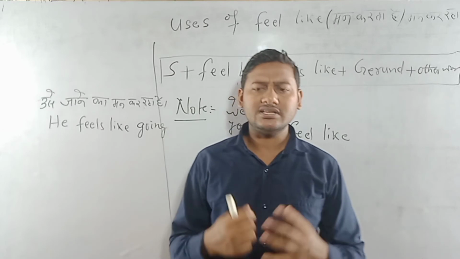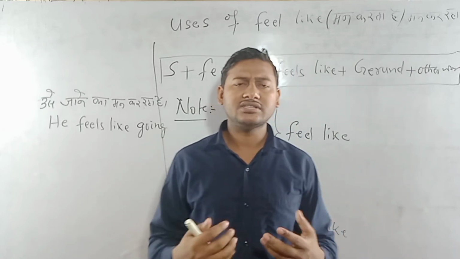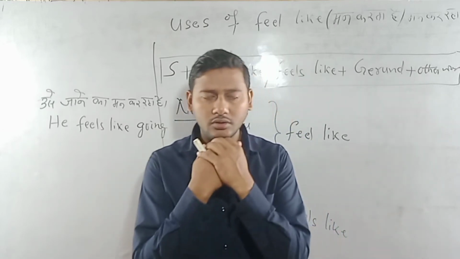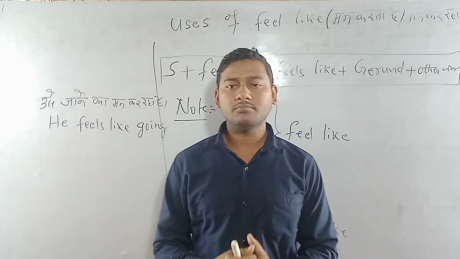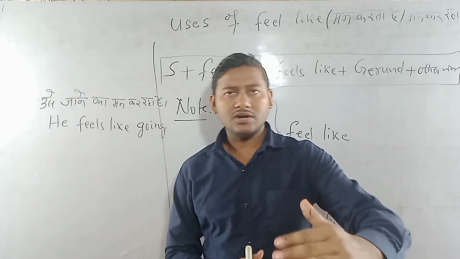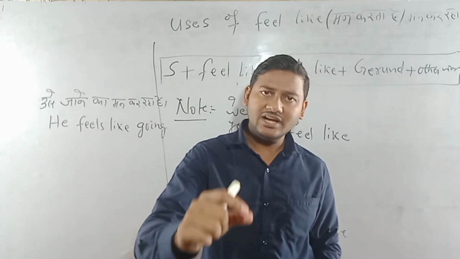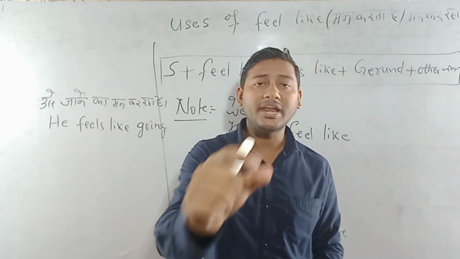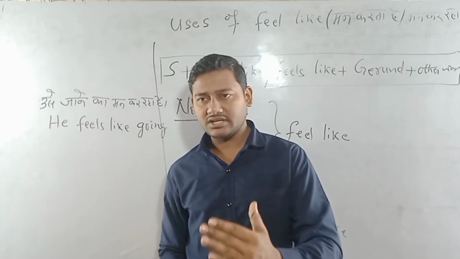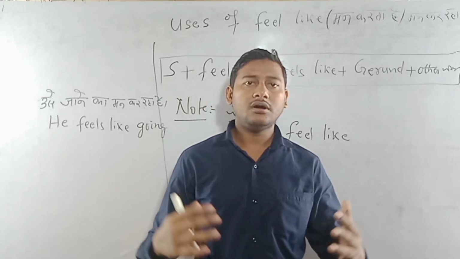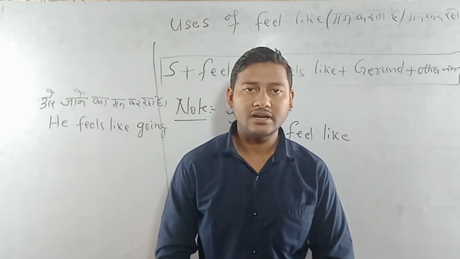So this is a self study. This is a self work for you. So I also take more example here that सीता को खेलने का मन कर रहा है. सीता feels like playing.